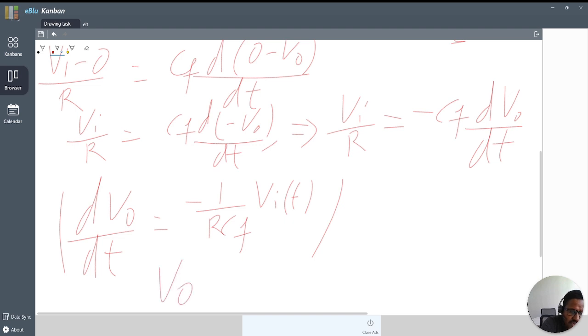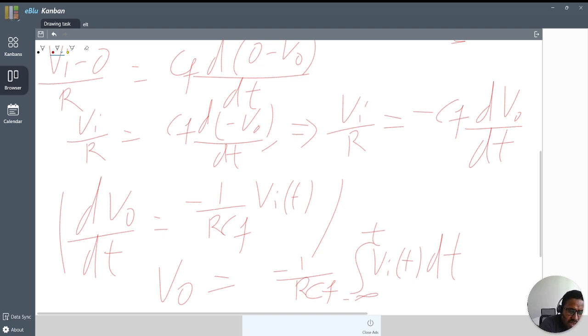So V out becomes minus 1 over R, the input resistor, times C F, the integration from minus infinity to t of V in of t dt.